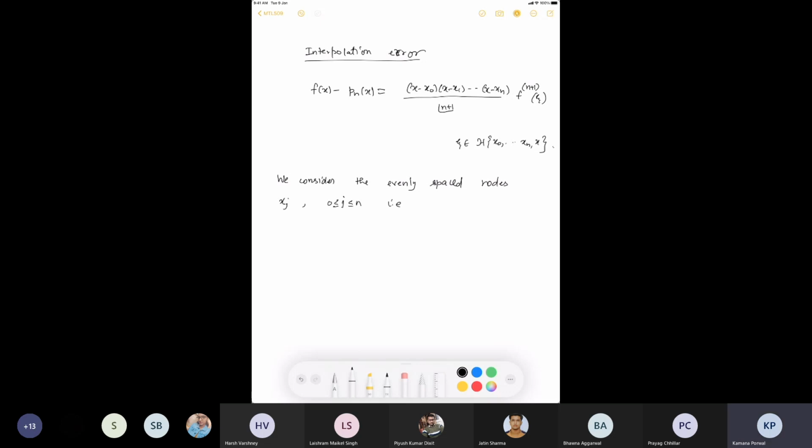That is, xj is given by x0 plus jh, where j ranges from 0 up to n.